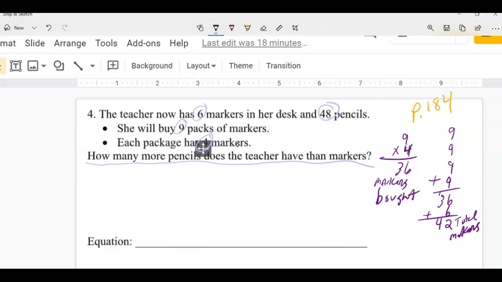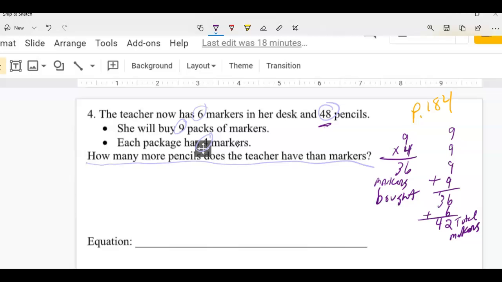Now, does that answer our question yet? It says, how many more pencils does the teacher have than markers? Okay, so there's one other step we've got to do. We already know that she had more pencils, which is 48. So now we need to find the difference between the 48 and the 42.